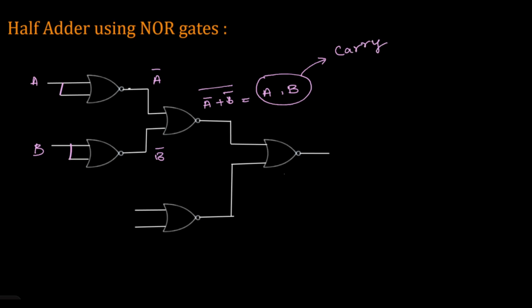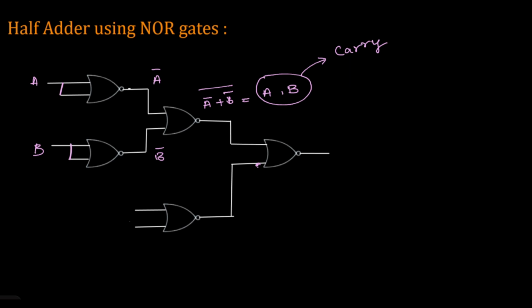We know that if I am giving A bar and B bar to this input, then I will get AB plus A bar B bar whole bar. That will be the complement of XNOR, and that will be XOR.